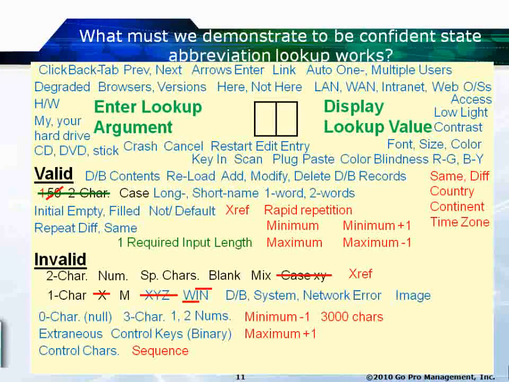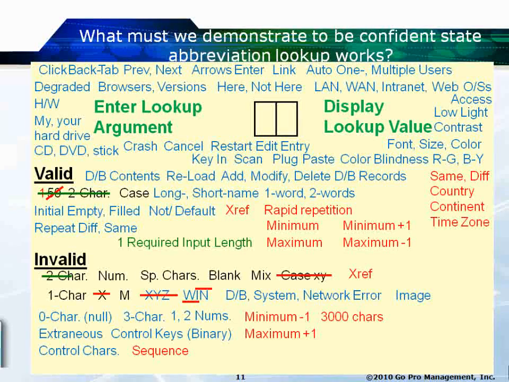So we should have a valid input of the required input length. If the state abbreviation length is 2 characters, the required input length is 2 characters. If the key is 5 digits, the required input length is 5 digits, and so forth.